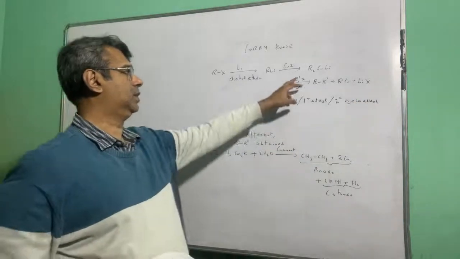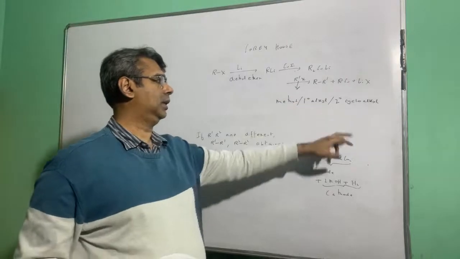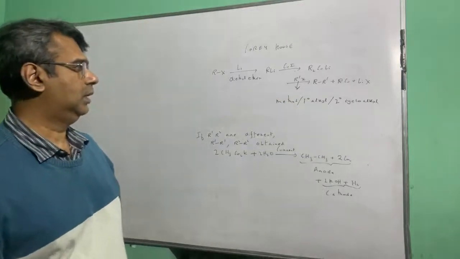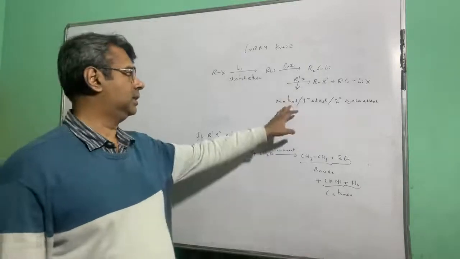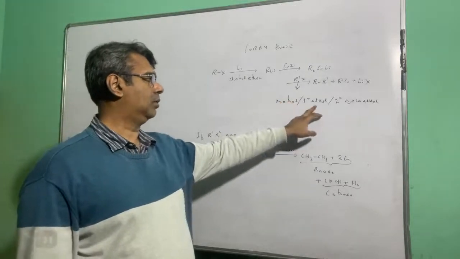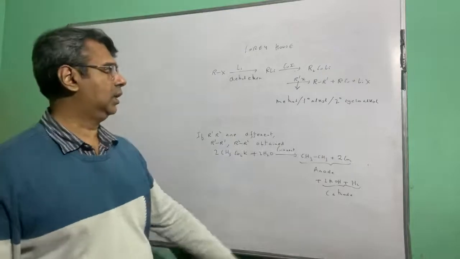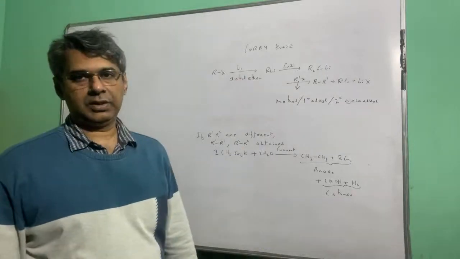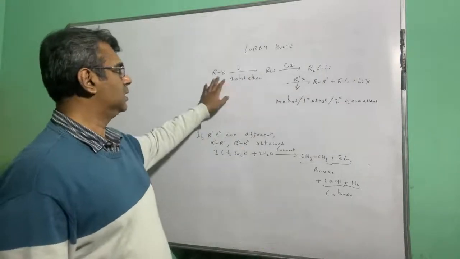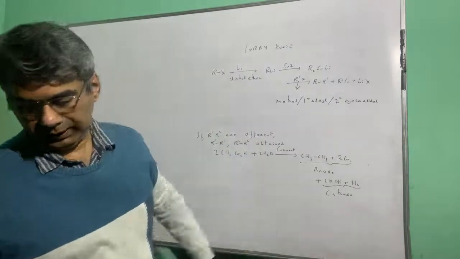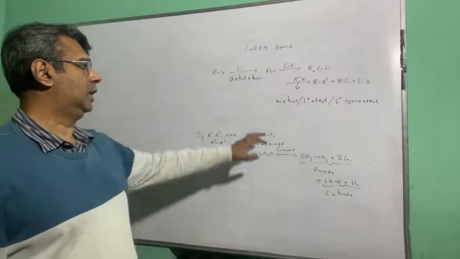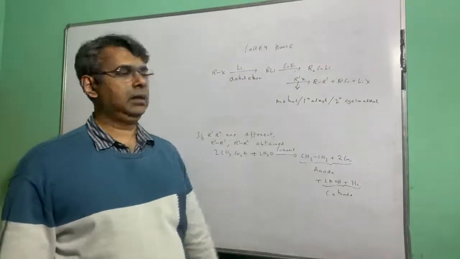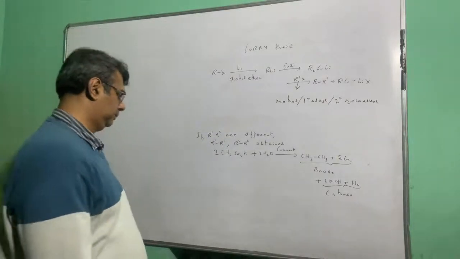So this R'X should be either methyl or 1 degree alkyl or 2 degree cycloalkyl. This is compulsory. It has to be methyl or 1 degree alkyl or 2 degree cycloalkyl. Otherwise, this reaction will not be successful. This one can be anything. But this one has to be methyl or primary alkyl or secondary cycloalkyl.